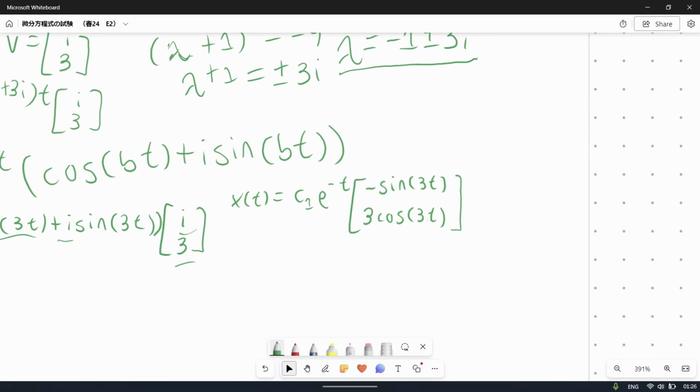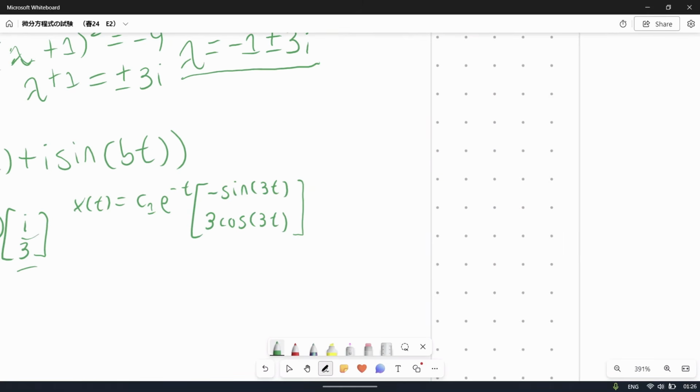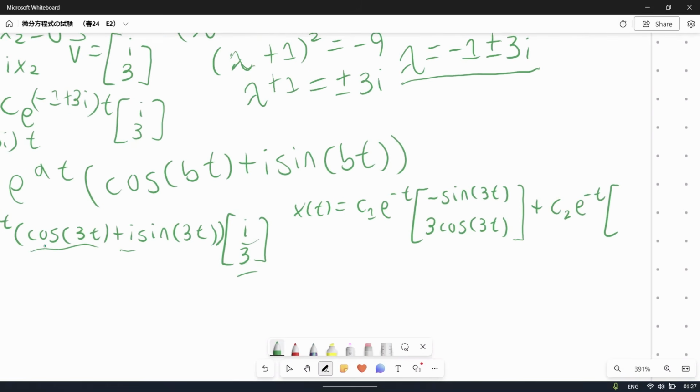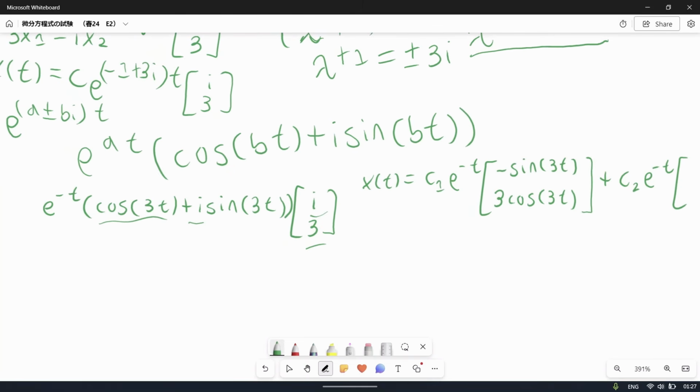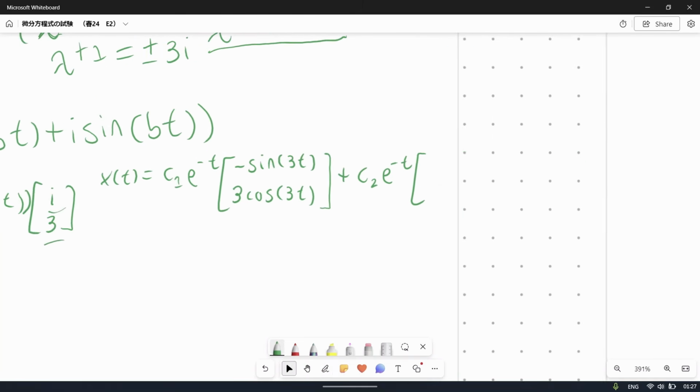And then we use the same process to come up with an imaginary part, except instead of trying to come up with real parts, we try to come up with imaginary parts. So we end up with c sub 2 times e to the -t. This time, I'm going to multiply cosine with i, because that gives us an imaginary part: cosine of 3t times i just gives us i cosine of 3t.